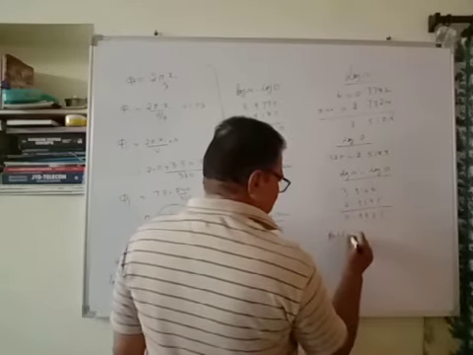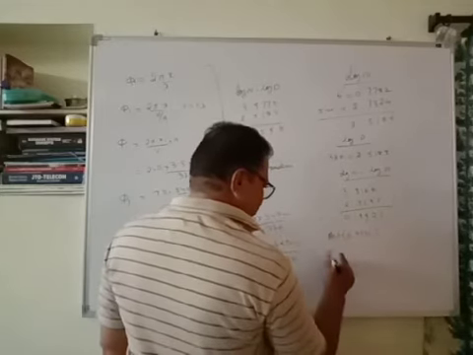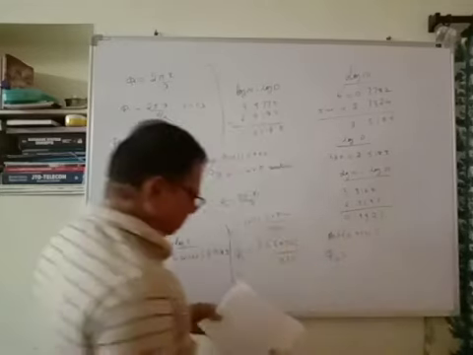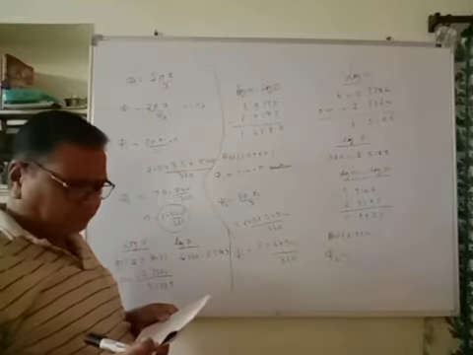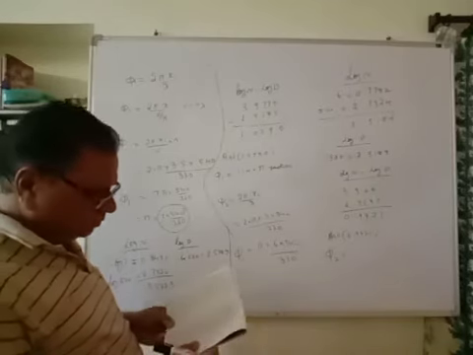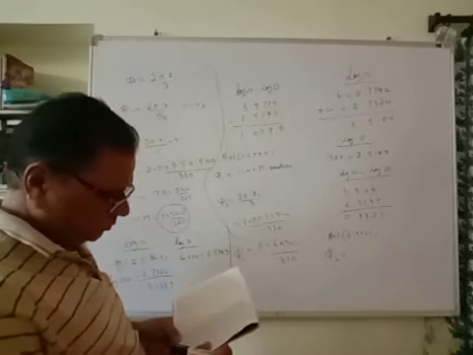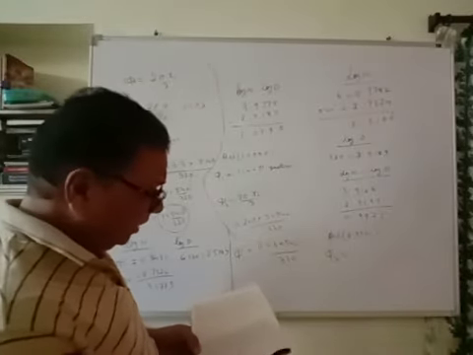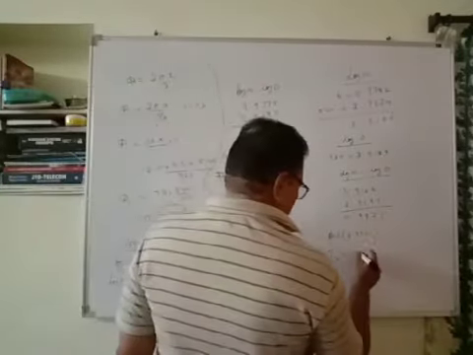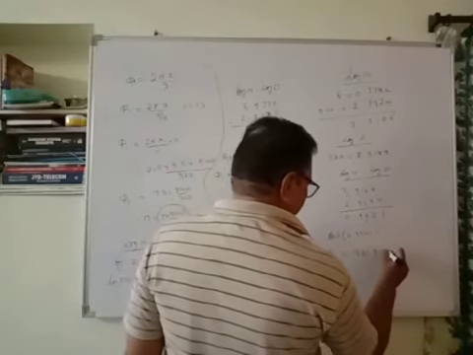Antilog of 0.9921, we get phi2 equal to 9.819 pi.